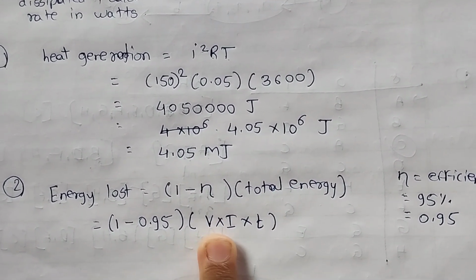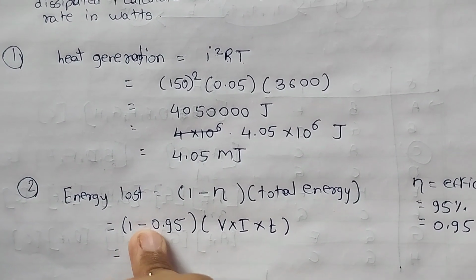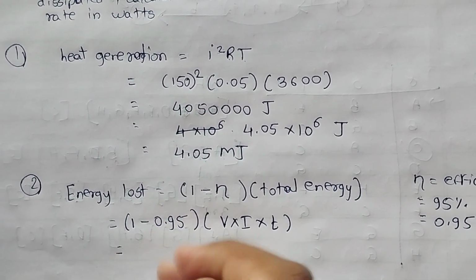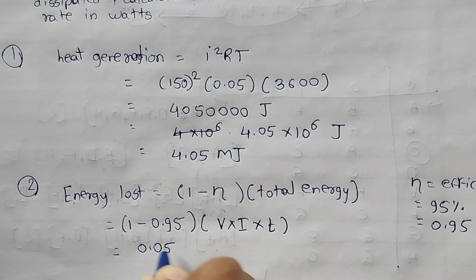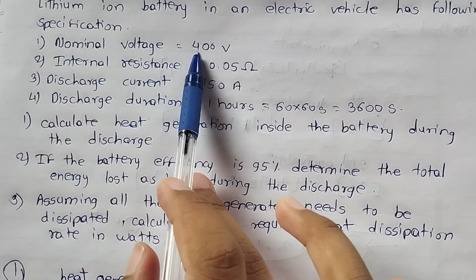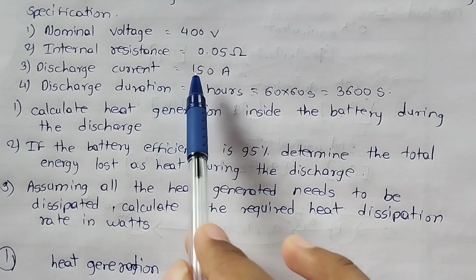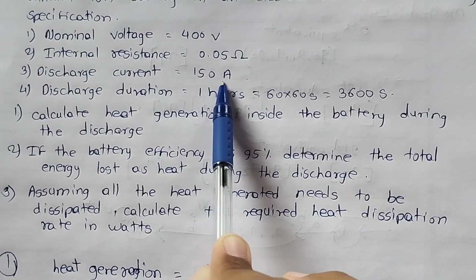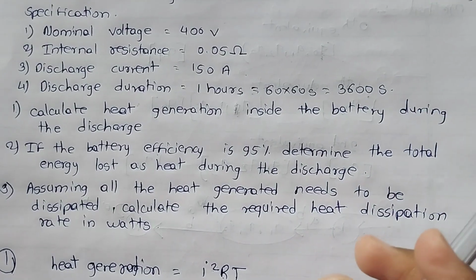Again, V means voltage, I means current, T means time. So this 1 minus 0.95 is 0.05, into this V voltage. Nominal voltage is 400 volt, then current is 150 ampere, and the time is 3600 seconds.